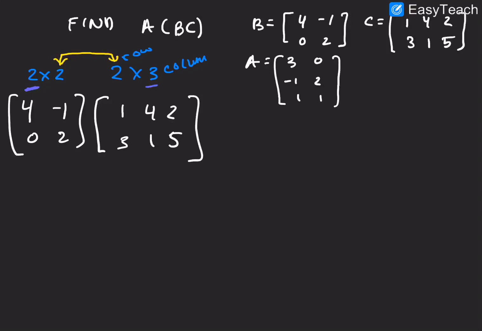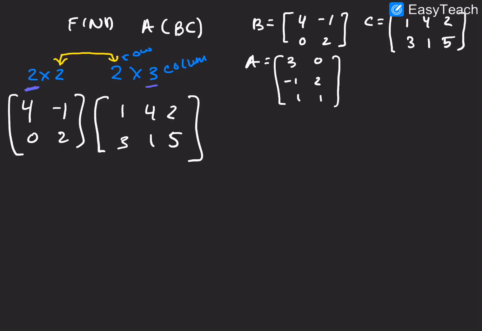And that's how you check to see if your matrix multiplication worked out. If you have 2 rows and 3 columns, you did it correctly. So that's one way to reassure yourself that you did it correctly.